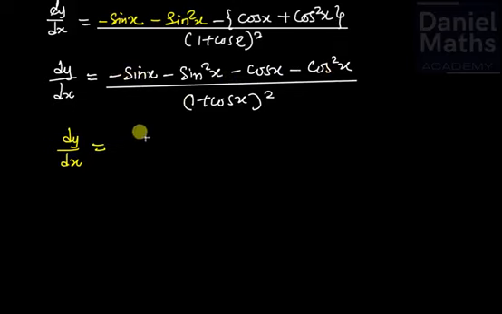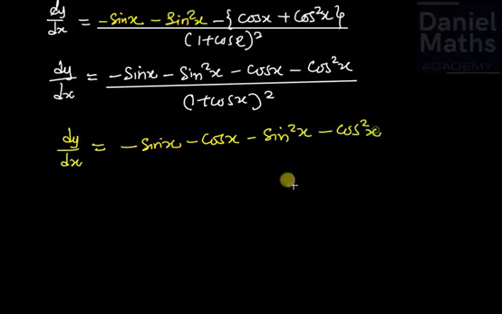So this will give me minus sine x minus cos x, and minus sine square x, and minus cos square x, all divided by 1 plus cos x all squared.